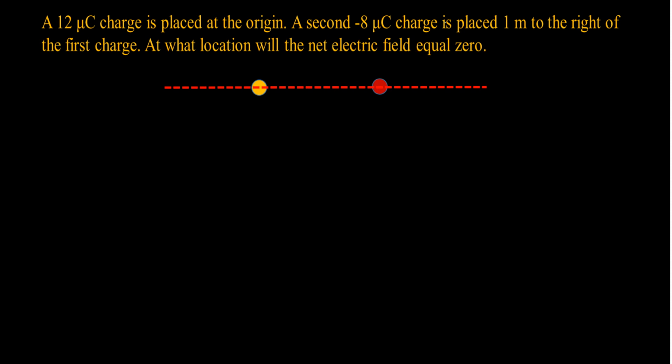To handle such a question, we need to think logically, based on the definition of the electric field. I have three different regions. Region 1 is to the left of the 12 microcoulomb, region 2 is in the middle between the two charges, and region 3 is to the right of the negative 8 microcoulomb.